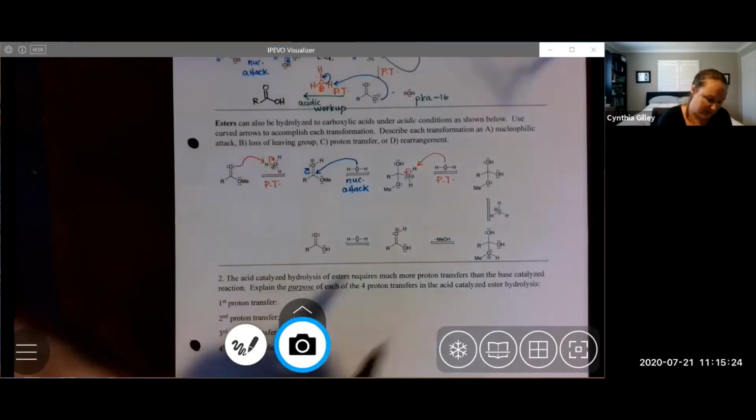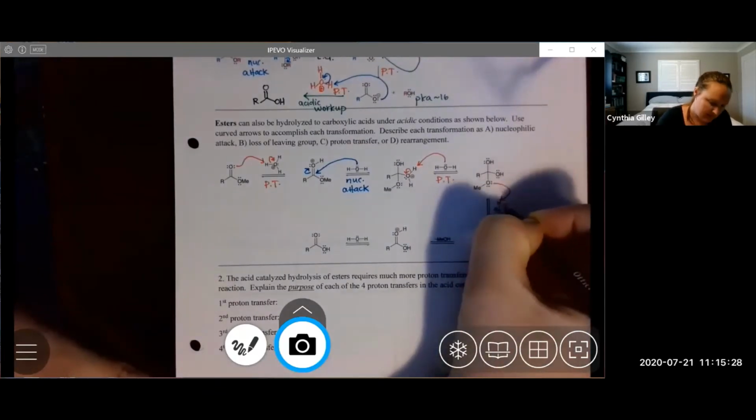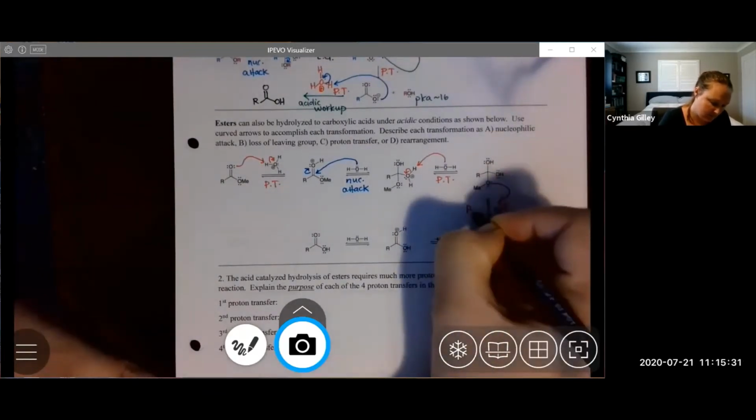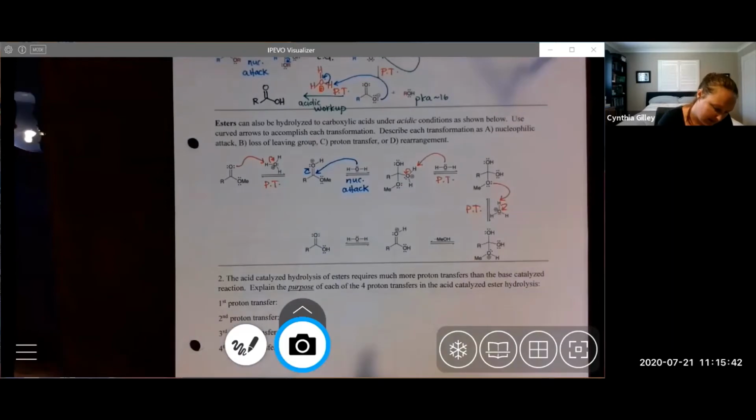So now that we have something neutral, we can go ahead and potentially add a proton to the OR group, the O methyl group, and that makes this now a good leaving group. And once it's a good leaving group, then it can leave.